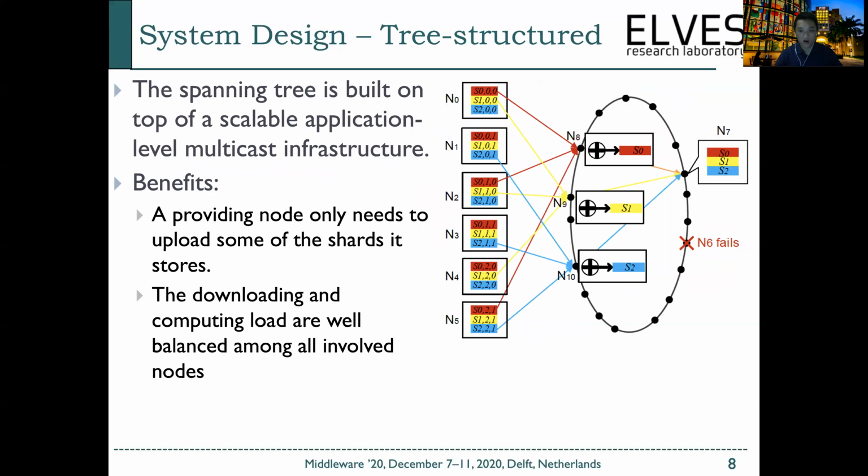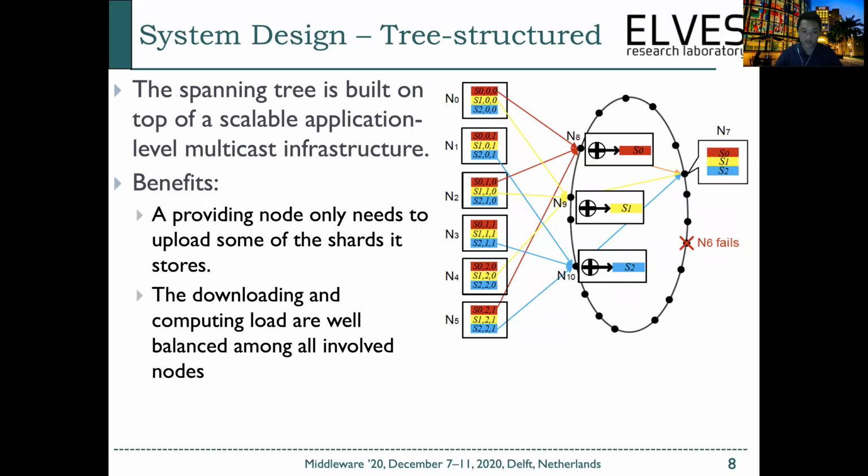The third one, we call the tree structure. It has a spanning tree that is built on top of the scalable application multicast infrastructure, and this multicast is one of the functional properties of the DHT overlay network.